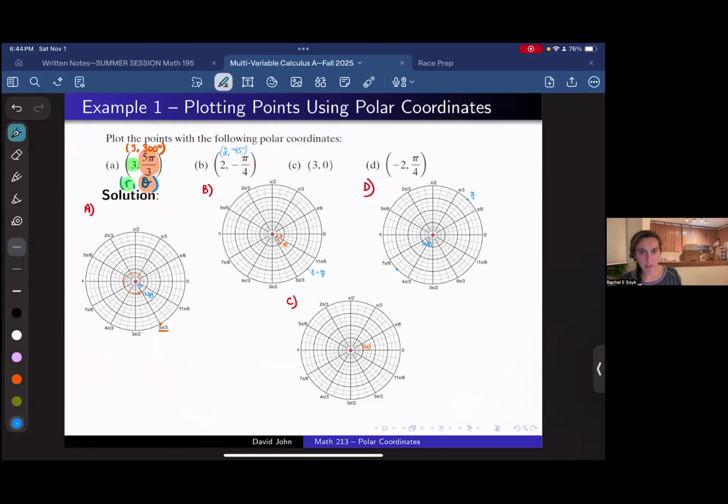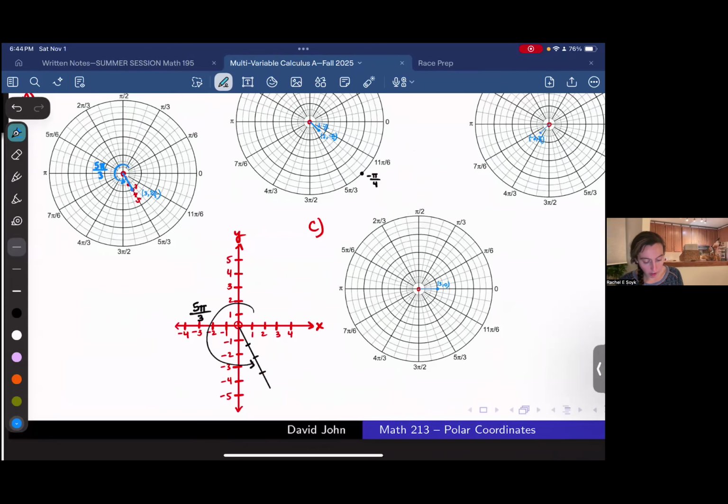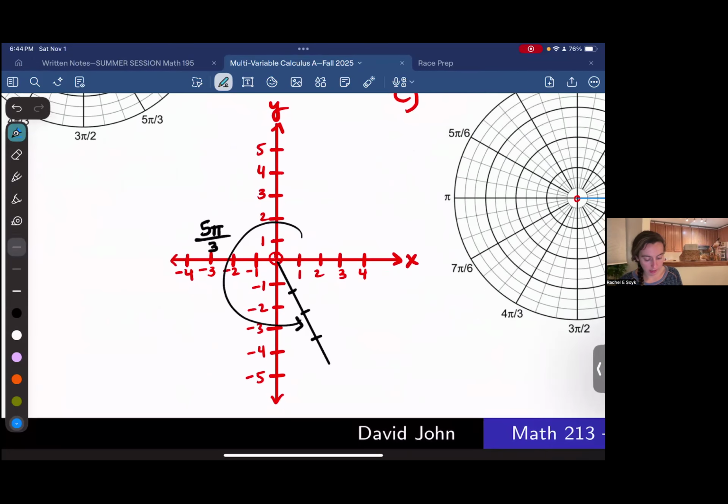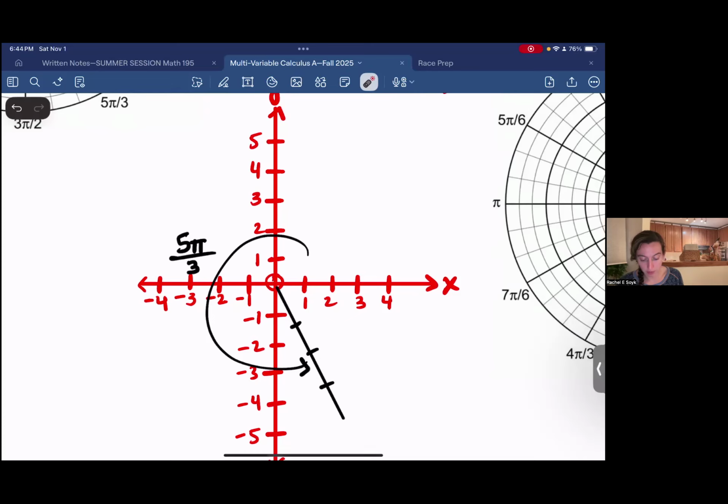Now the next slide is sort of just the answer key that I created before. But what I also have is just another way of sketching out our part A if you didn't have a template.